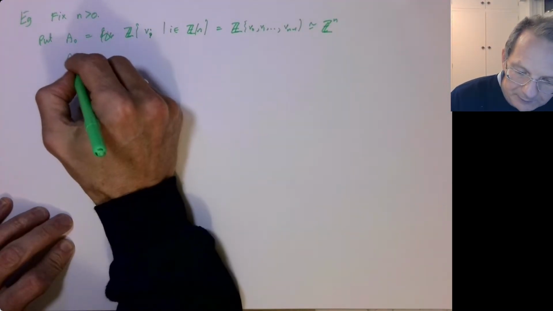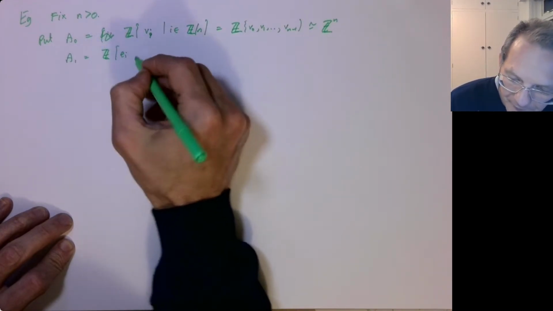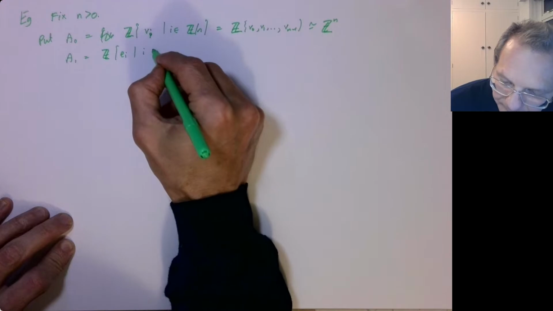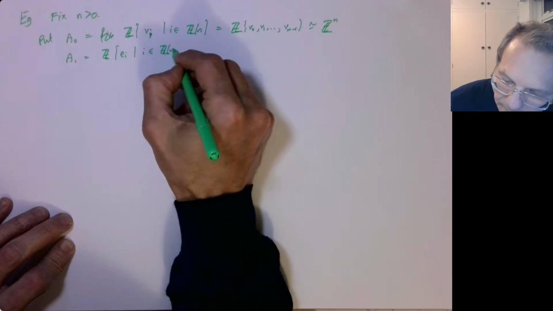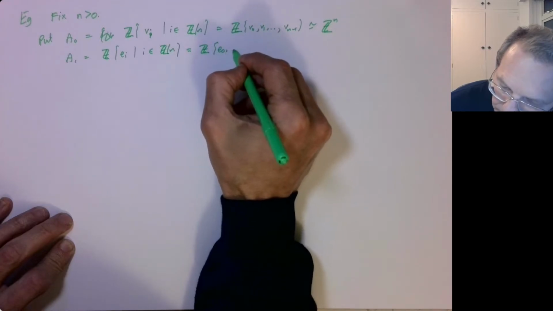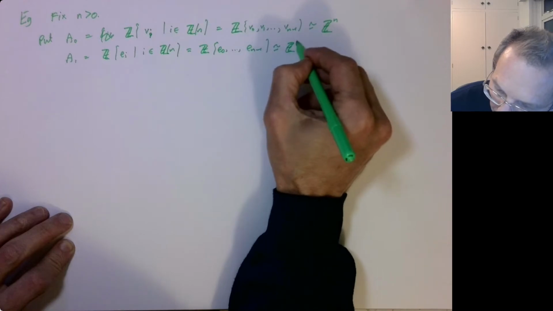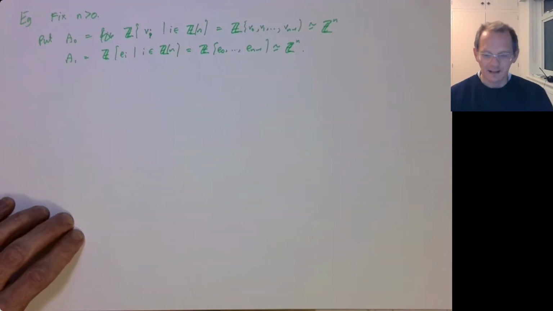And A1 is going to be similarly the free abelian group on some generators that are called E_i. So that's also isomorphic to Z^n.